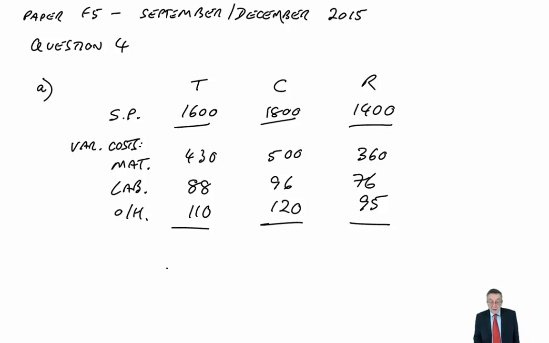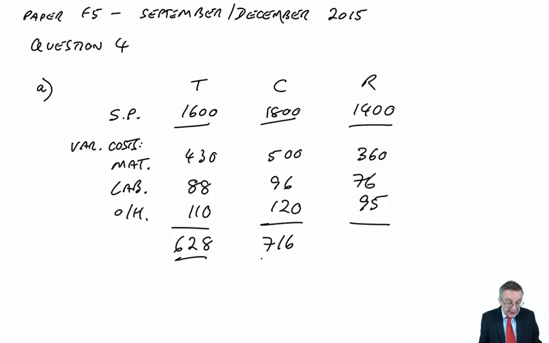Giving total variable costs for T of 628. For C, 716, and for R, 531.